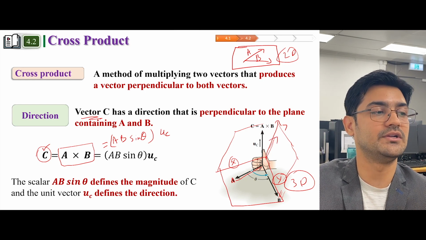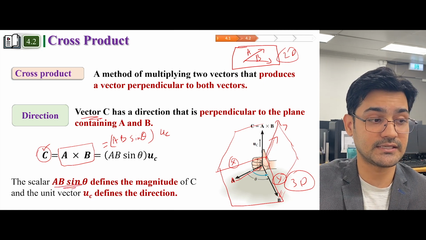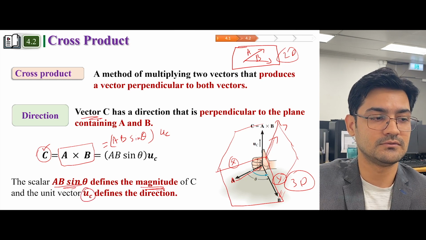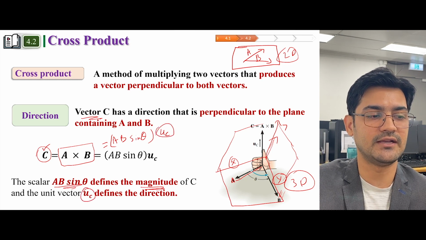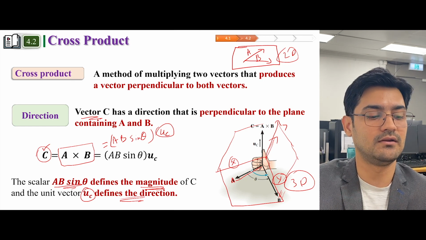That's how you calculate the direction of a cross product. So AB sine theta is a scalar which defines the magnitude, and this unit vector mu c, which we added, defines the direction, and we calculate the direction using the right hand rule.